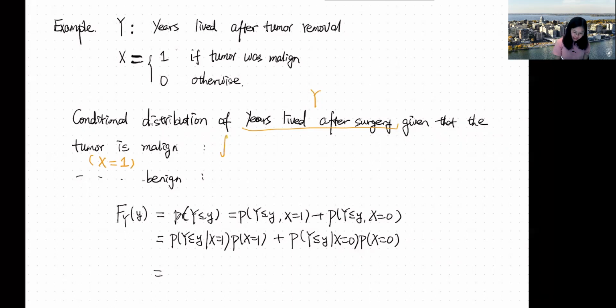And you may find that this distribution is something like this. Suppose that is the distribution that you find. And you can study the other patients, the patients who had benign tumors, and look at their years lived after surgery, and you denote their distribution by the PDF of y given x equals 0.